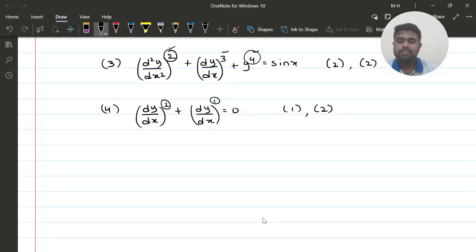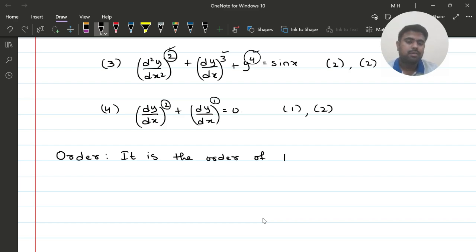So therefore, if I have to define the order and degree now, what is the order of a differential equation? It is the order of the highest order derivative in the differential equation.